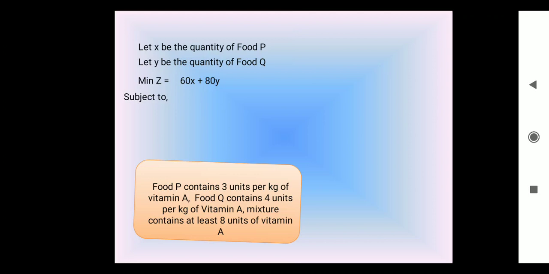Here, at least means the mixture may contain exactly 8 units of vitamin A and more than 8 units of vitamin A. For this reason, we are using the inequality greater than or equal to. That is, while forming the constraint, we are using greater than or equal to, that is 3x plus 4y greater than or equal to 8. This is for vitamin A.